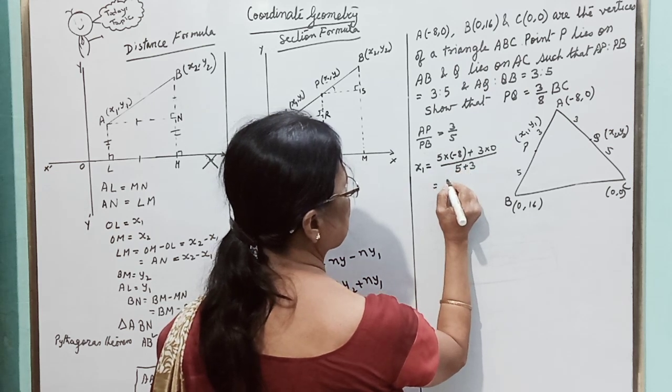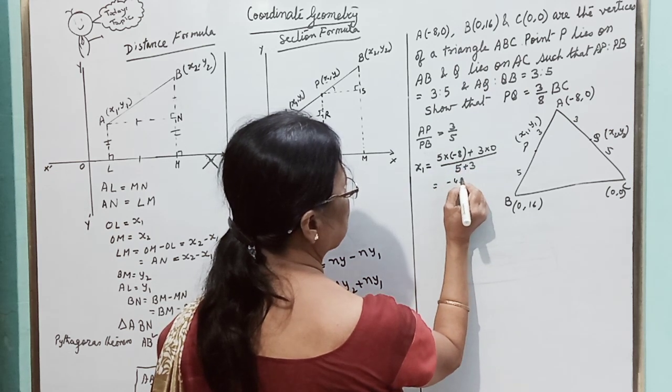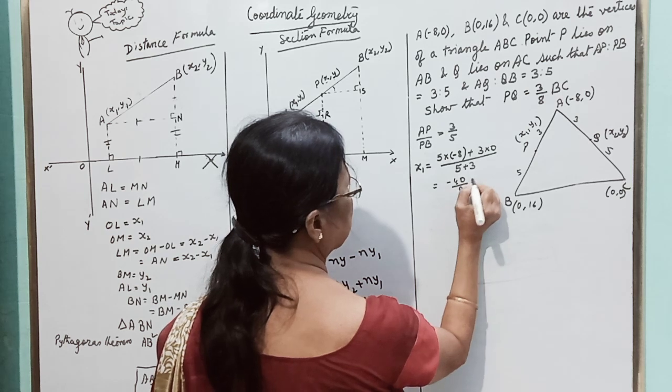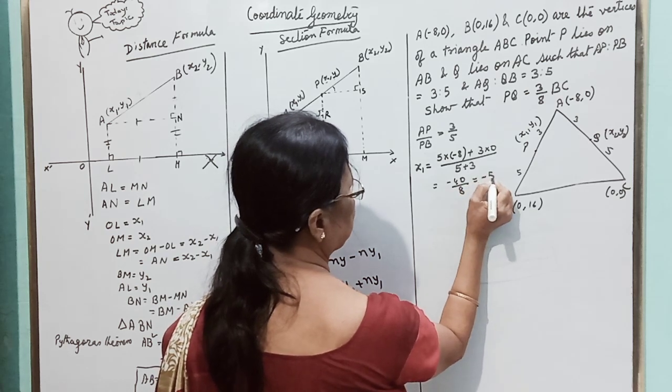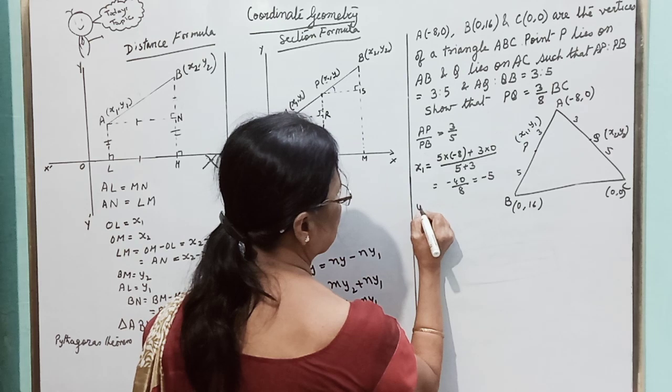So this is minus 40 divided by 8. This is minus 5.